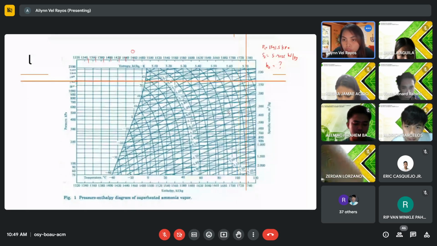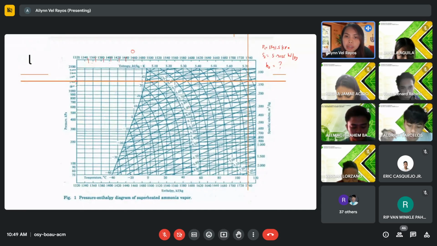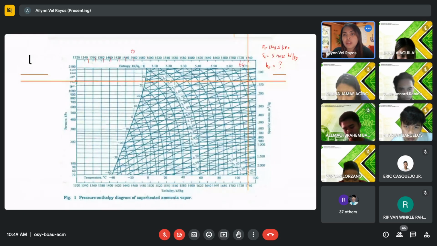So, ito yun. Kita ba? Ito yun. Kasi ito yung 5.9. Nasa baba nito ng konting-konti lang. So, nandito siya. So, kung kayo ang magbabasa niyan, mga anong value ito? Ang enthalpy ito, 1720, 1740. Ibig sabihin, ang nasa gitna niyan ay 1730.